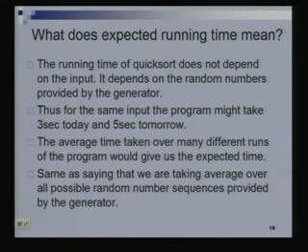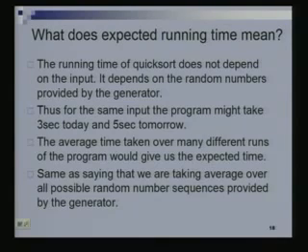So the same thing I said, I fix an input, the running time could be some value today, it could be some value tomorrow, because the random numbers generated could be different. And what we have done is we have taken expectation over these different random numbers that have been generated, by saying that today we will compute what the value is, tomorrow we will compute what the value is, and so on, and take the average.